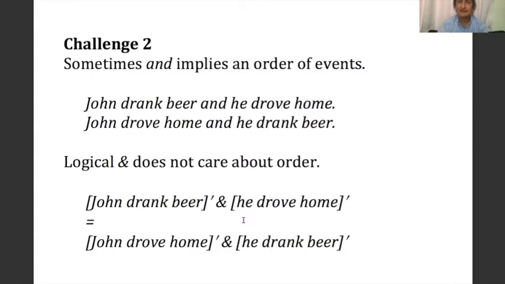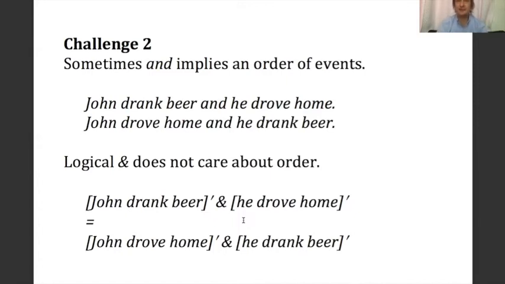Logical and doesn't tell us anything about that. So why is it that these have these different implications? "John drank beer and he drove home" suggests that he drank beer first and he drove home afterwards. "John drove home and he drank beer" suggests the opposite order. Driving home was first, the drinking was second.